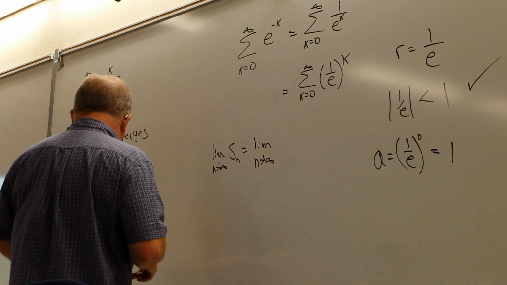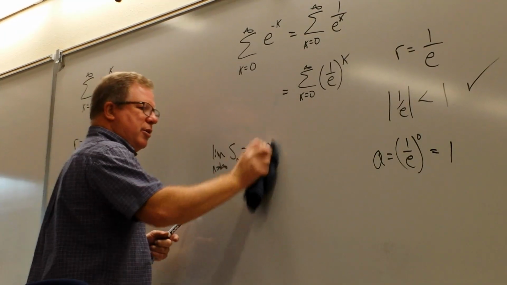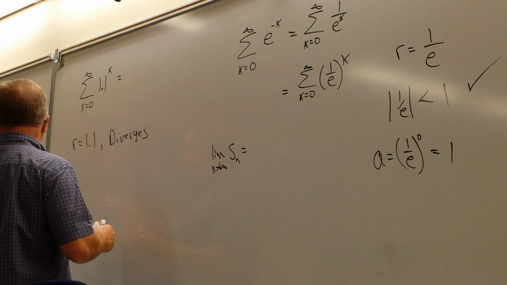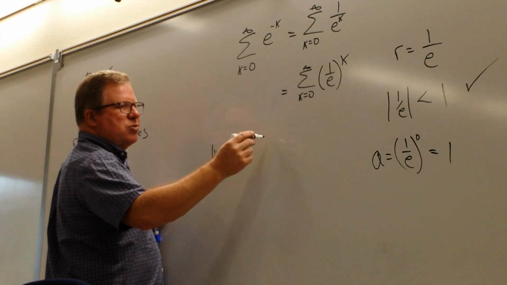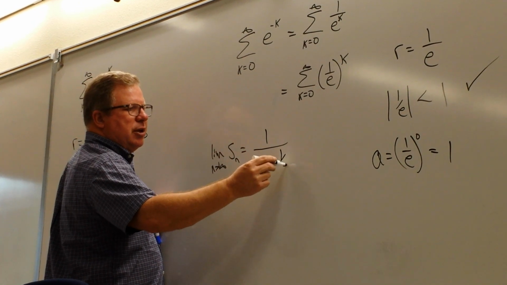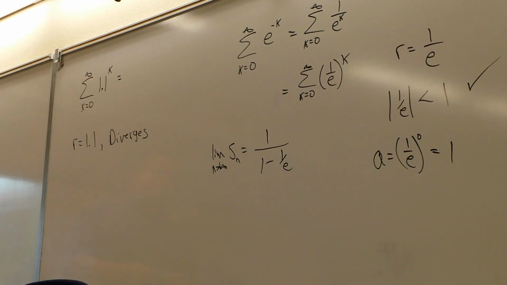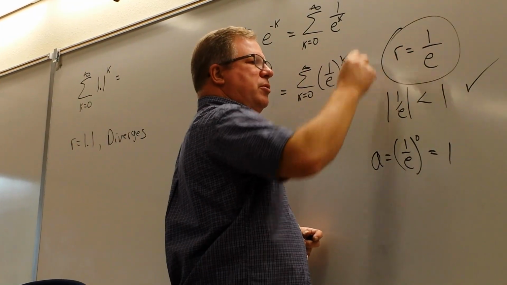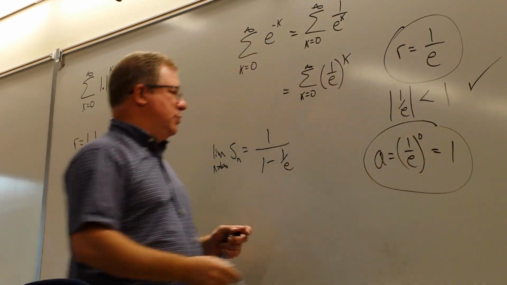And by the way, we don't need this limit thing here, sorry. We're just going to use the formula, a over 1 minus r. So a is 1, r is 1 over e. Here's the r that we determined, here's the a.